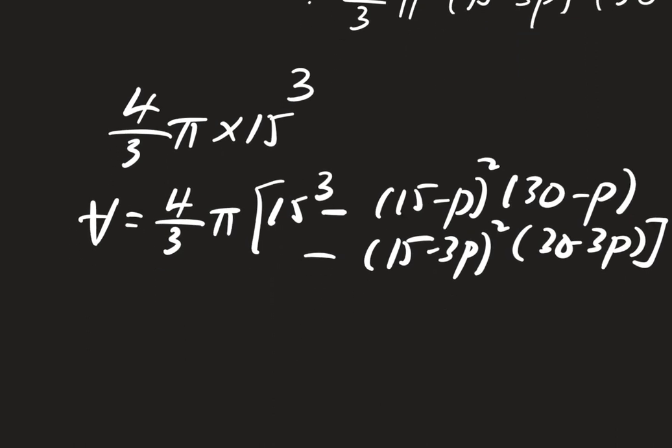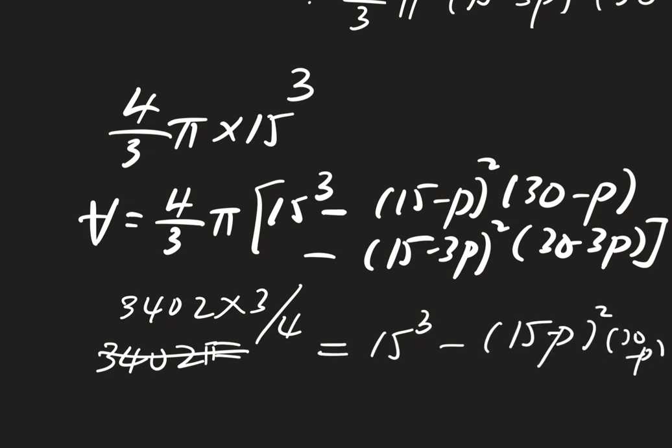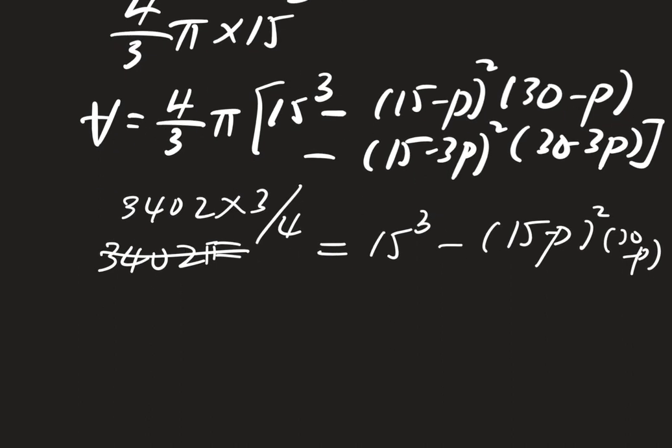Okay, so they say that the shaded volume is 3402. Then we have to solve this equation. Pi we can omit it. 3402 times 3 divided by 4 is equal to 15 cubed minus (15 minus P) squared (30 plus P) minus (15 minus 3P) squared (30 plus 3P).